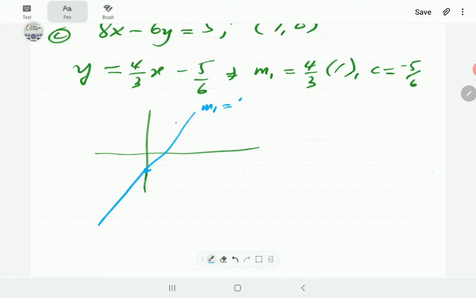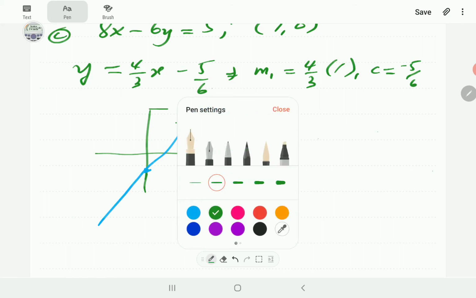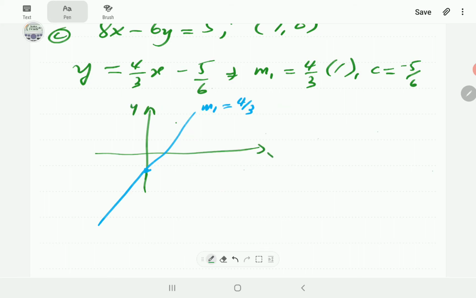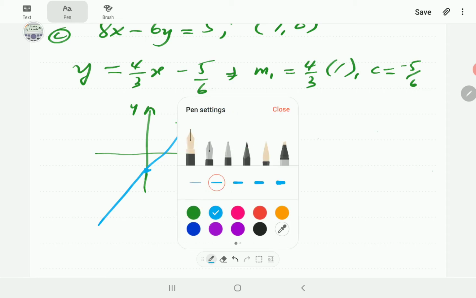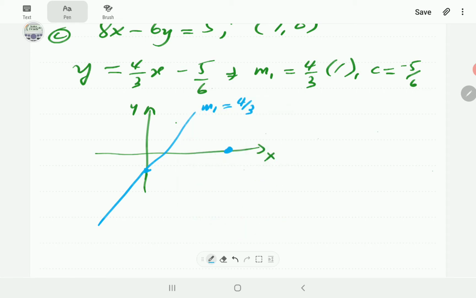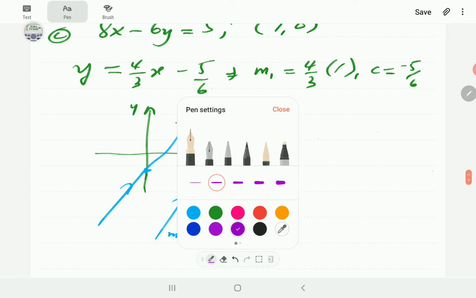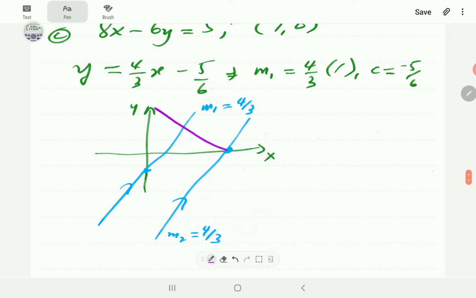M1 is 4/3. Okay, this is y, this is x there. Then (7, 0) is going to be a point there, which means the parallel line is going to go something like this. The parallel line is also going to have the same gradient, 4/3, and then the perpendicular line is going to go something like that.